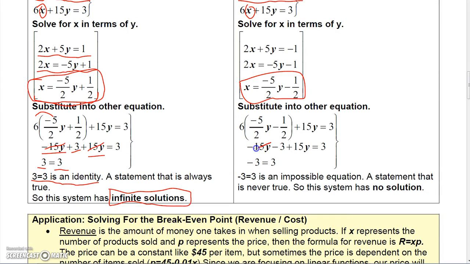The y's are still going to cancel, but now we have minus 3 on the left and plus 3 on the right. So this is basically saying that the only way you could get a solution is when negative 3 equals 3. And since that's an impossible equation, negative 3 can never equal 3, then this system has no solution.